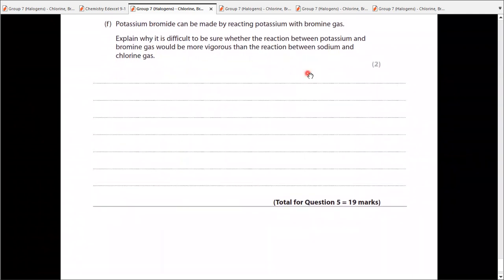Okay, this one is related to halogens. Go ahead, part F. Potassium bromide can be made by reacting potassium with bromine. Explain whether the reaction between potassium and bromine gas would be more vigorous than the reaction between sodium and chlorine gas.